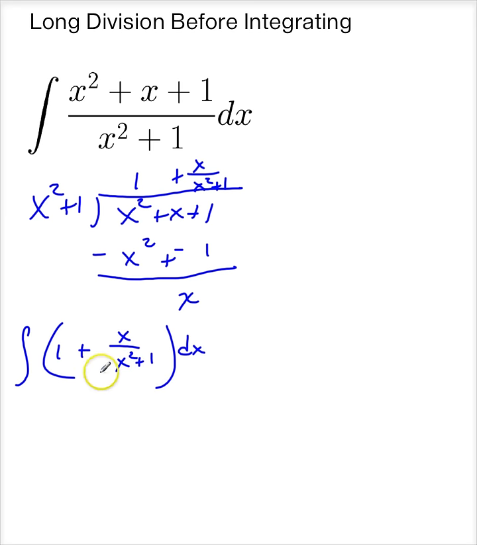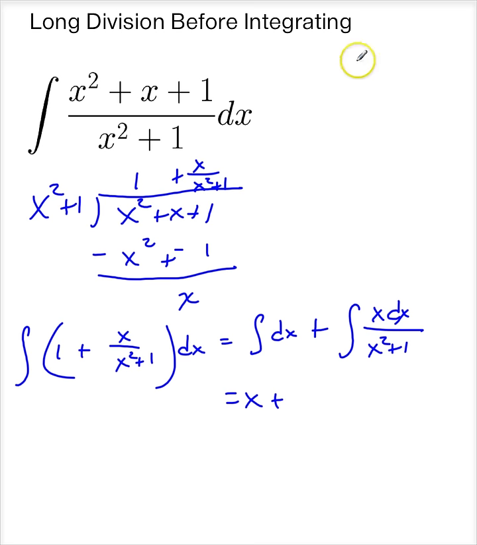Now, when I do this integration, let me break them up. This is the integral of dx plus the integral of x dx divided by x squared plus 1. Now this first integral is just x plus. Now here, I'm going to come up here in red, and at this point in time you should be able to do this. If u is x squared plus 1, then du is 2x dx.